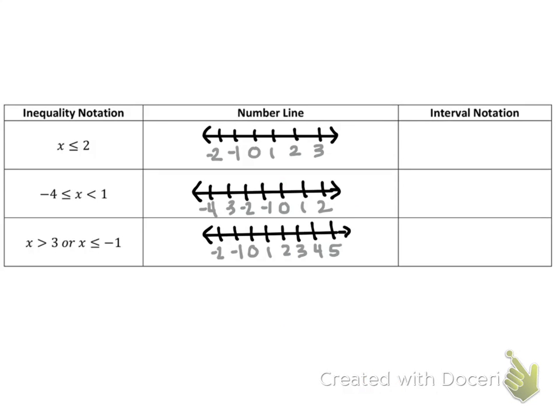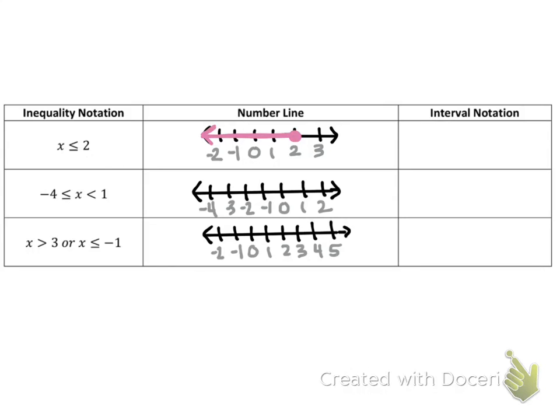Okay, let's do a couple of examples. Let's say you've solved an inequality and your solution is x is less than or equal to positive 2. We first represent that solution on a number line. I find my value of 2, and I use a closed circle because it's including 2, and I shade everything that is less than 2.